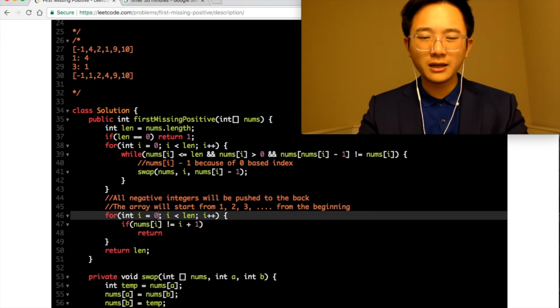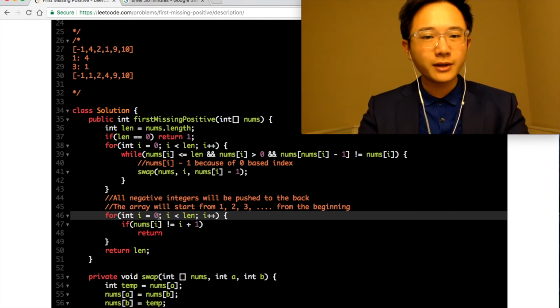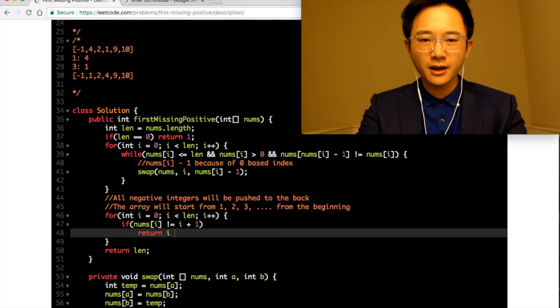Actually, we do need it. What if we have, anyway, num is not equal to this, then we'll return I plus 1.